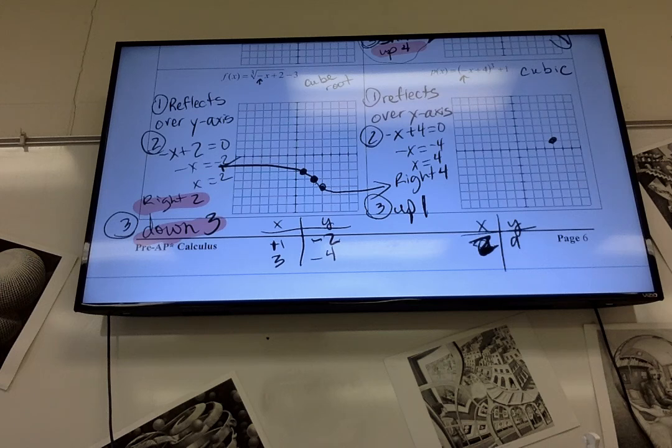And let's plug in 5. Negative 5 plus 4 is negative 1 cubed is negative 1 plus 1 is 0. So 2, 9 way up here, and 5, 0. So it does that, basically.